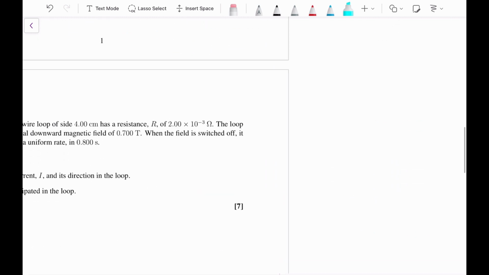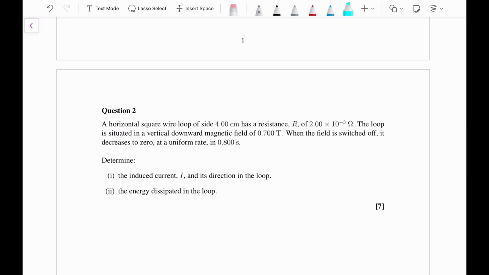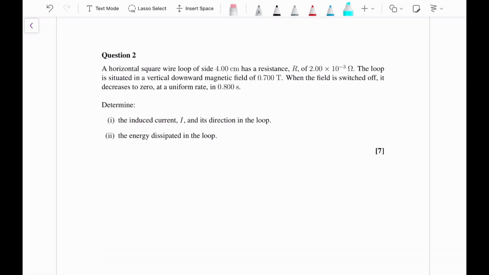Now, let's see the second question. Down there it says a horizontal square wire loop of size 4 centimeters has a resistance, and the loop is situated in a vertical downward magnetic field of 0.7 teslas, and when the field is switched off, it decreases to 0 at a uniform rate of 0.8 seconds.